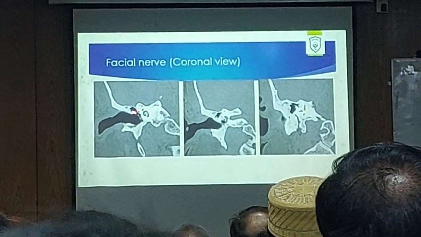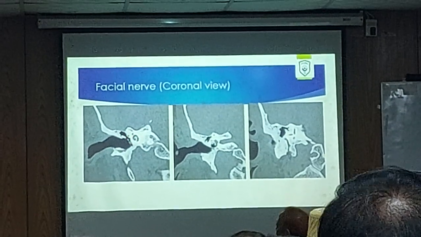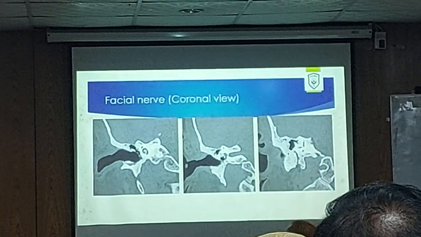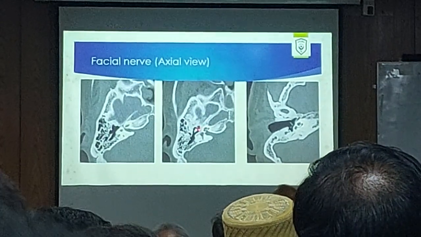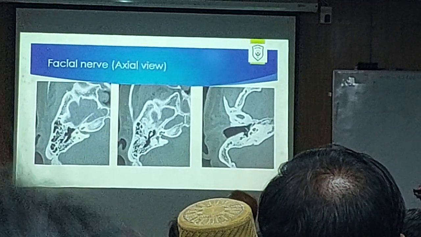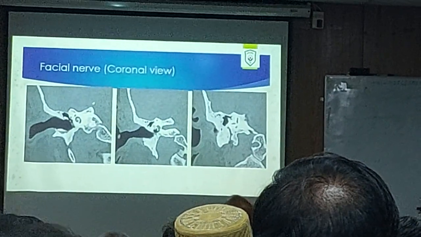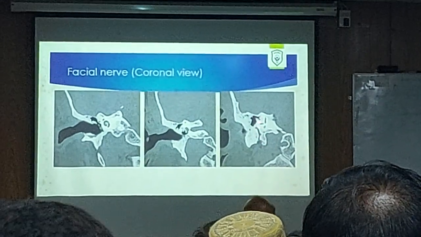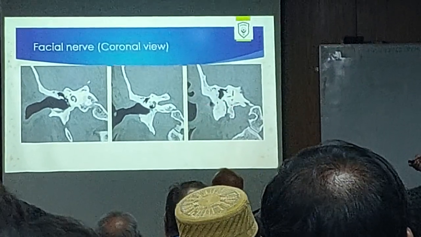If there is loss of any hyperdensity, then we can say the tympanic segment of the facial nerve is dehiscent. Again, here if the hyperdensity is lost, we can say the tympanic segment is dehiscent. So this is the coronal section, and this is the vertical segment of the facial nerve.